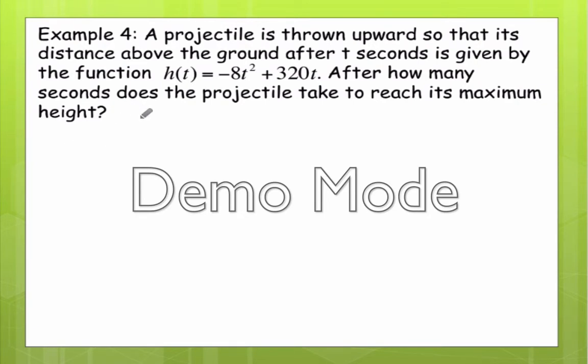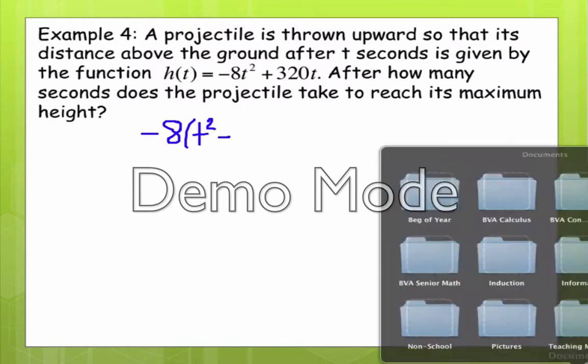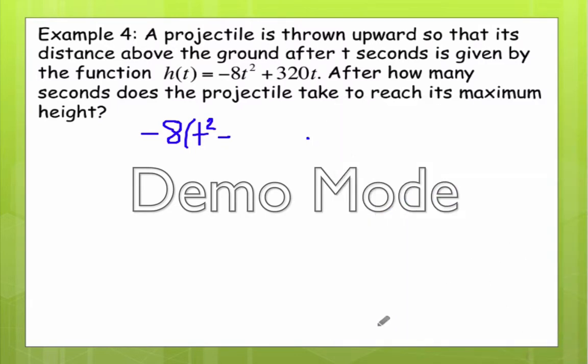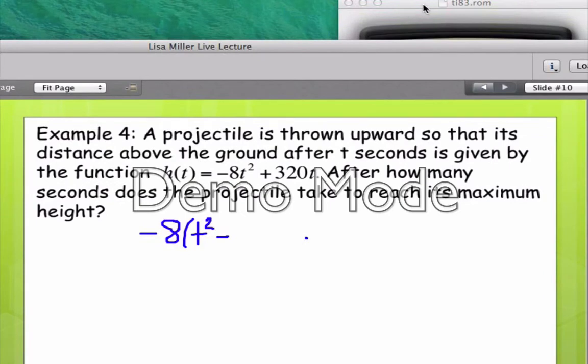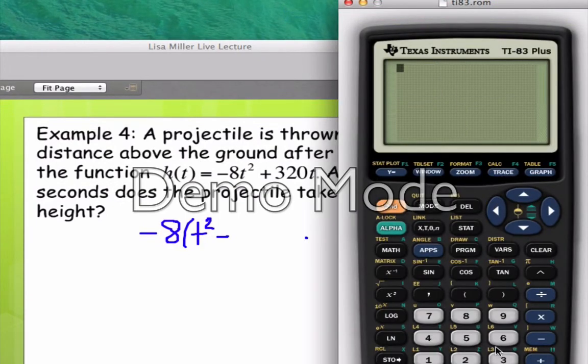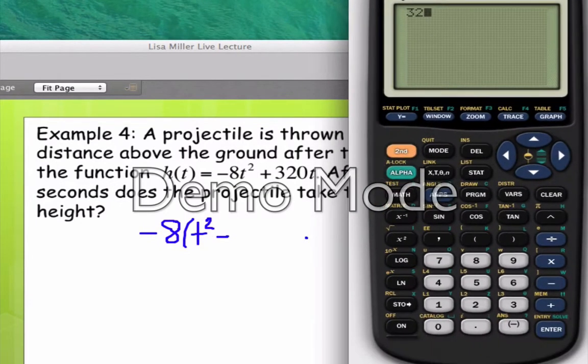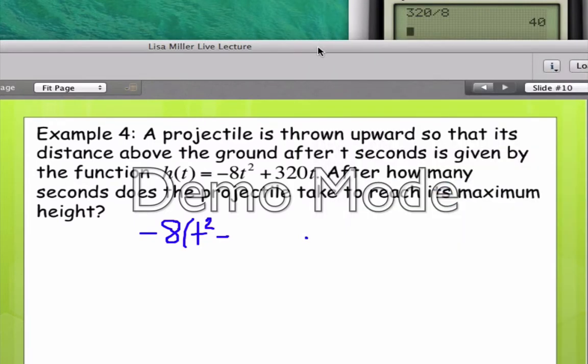So set it equal to 0 and factor out the -8, just like we've been doing. 320 divided by -8 is 40.